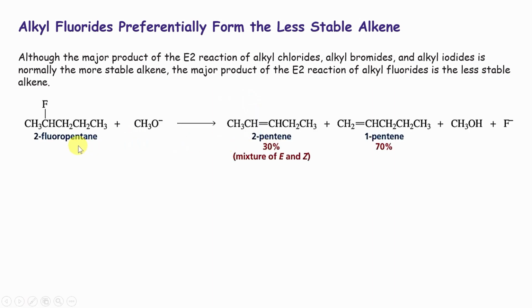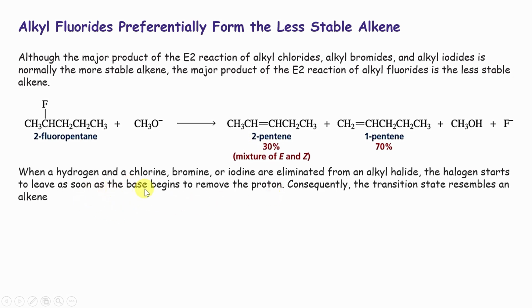For example, 2-fluoropentane, on treating with methoxide, the base, gives 1-pentene, the less substituted alkene, as the major product. About 70% of 1-pentene is obtained, whereas 2-pentene, which is more substituted and more stable, is obtained in only about 30% yield.